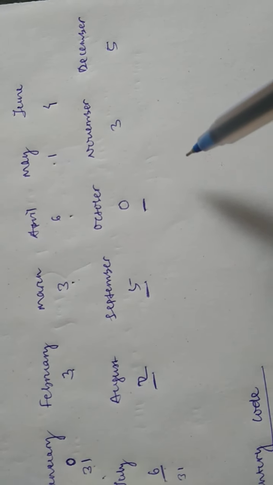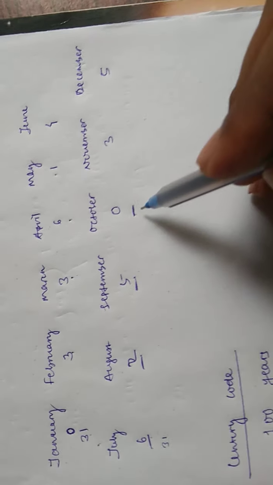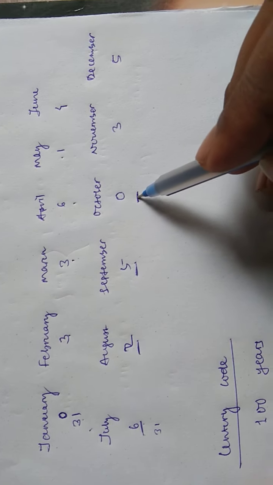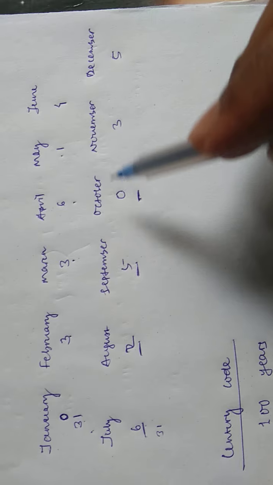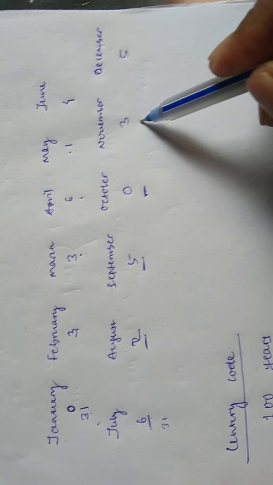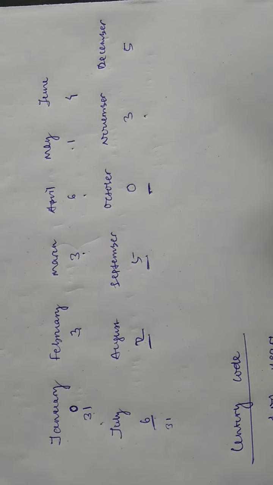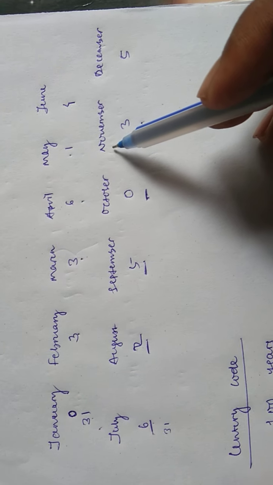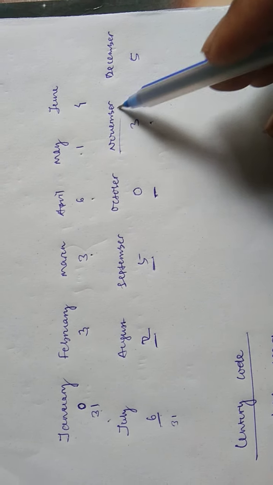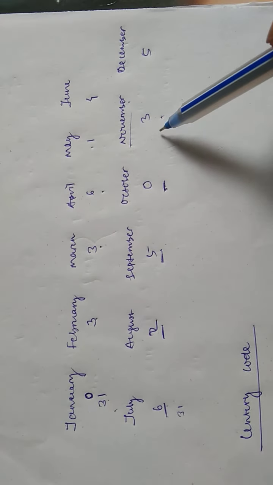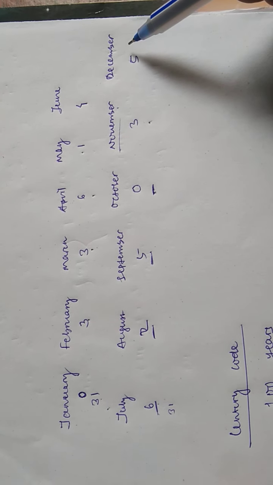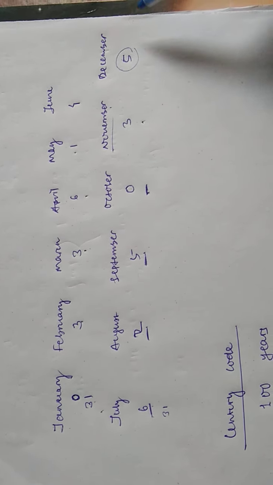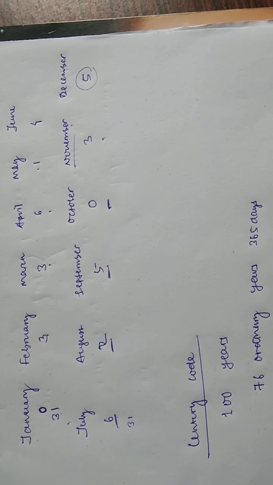We coded October as 0. And for November, we get 3 odd days extra that we code to November. And when we get 2 days out of November, as it has 29 and 30, we get our December month coded with 5. Okay, we get to know all these things.